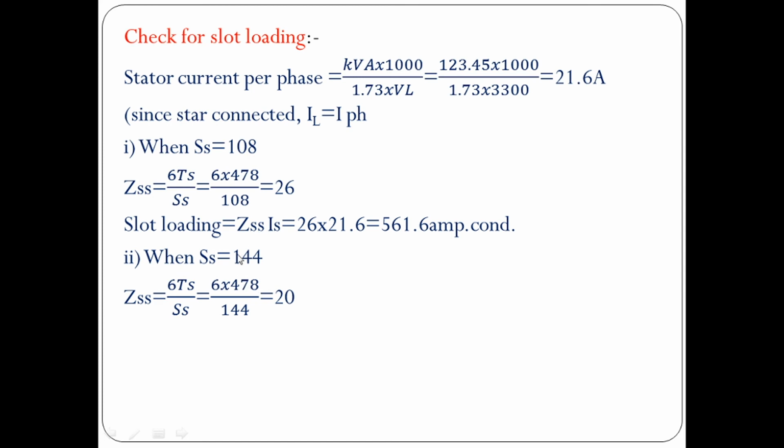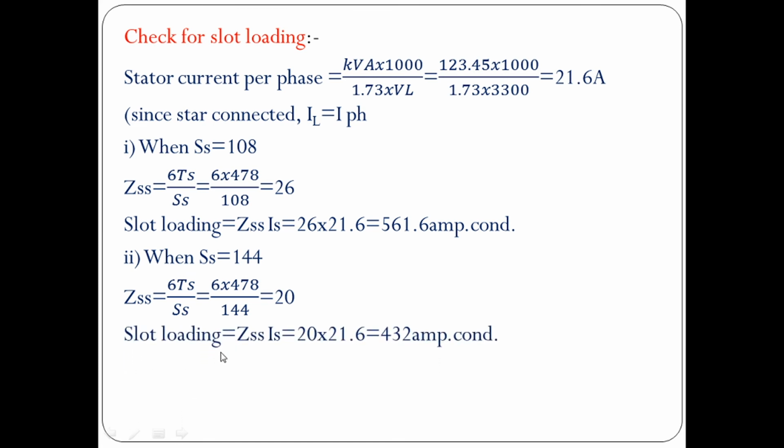Now consider the higher value of the number of stator slots, that is SS equal to 144. Based on that, you can calculate the number of slot conductors. ZSS is equal to 6TS divided by SS, so 6 into 478 divided by 144. Only the denominator is changing, it is now 144, the stator slots. You will be getting ZSS as 20.